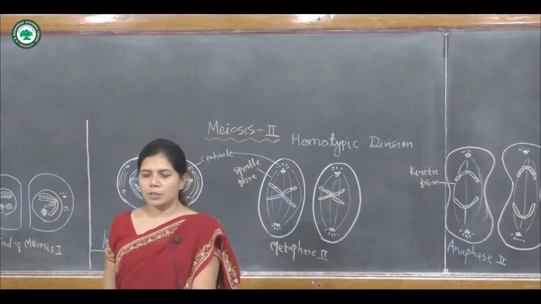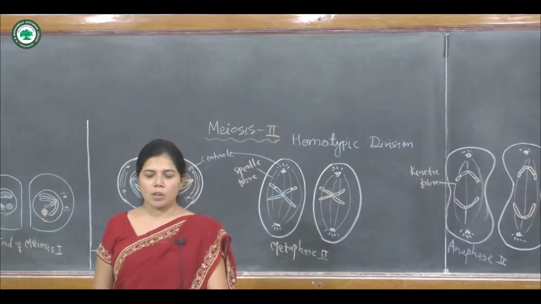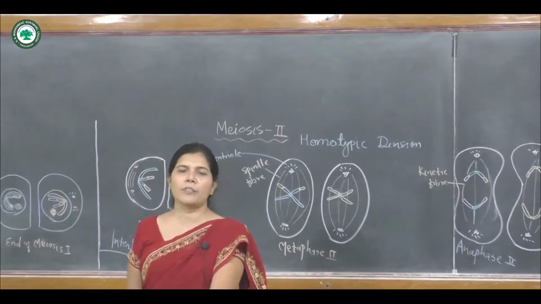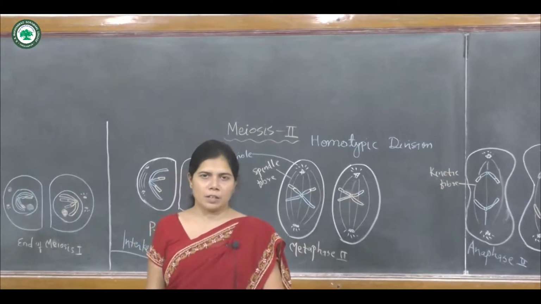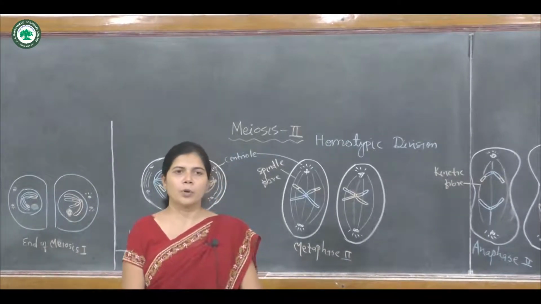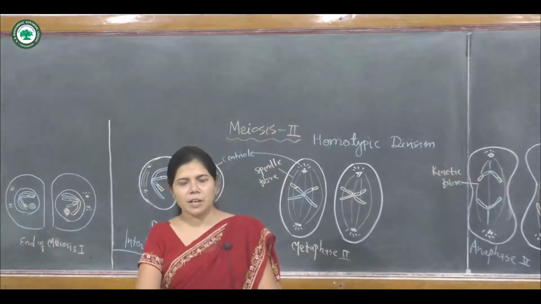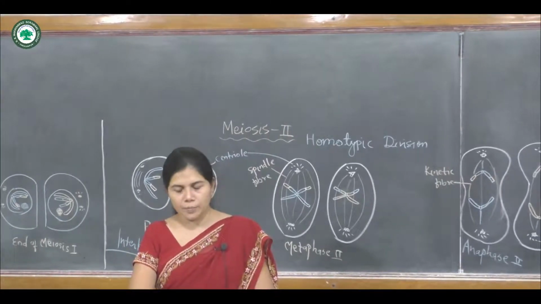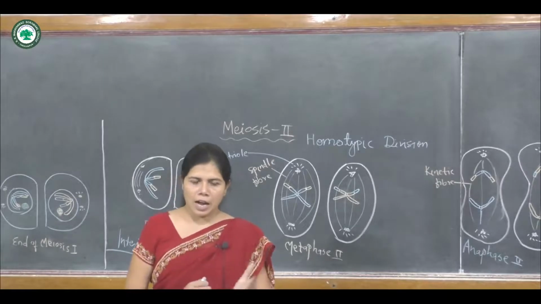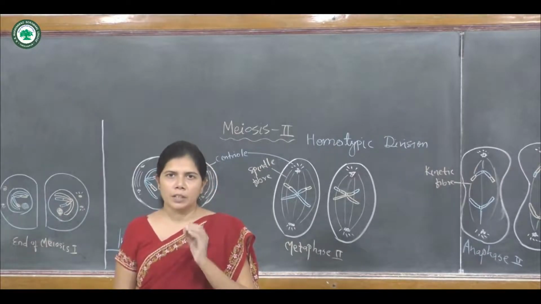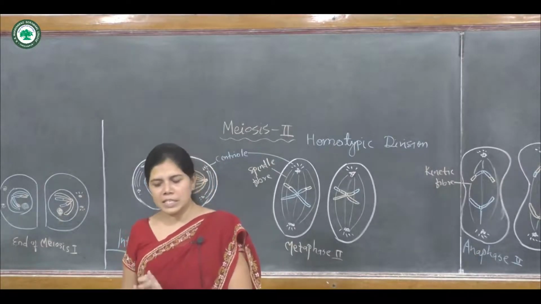The meiosis process occurs in the reproductive cells, or germ cells, the sex cells. These are divided meiotically, and finally form 4 cells from the single cell.